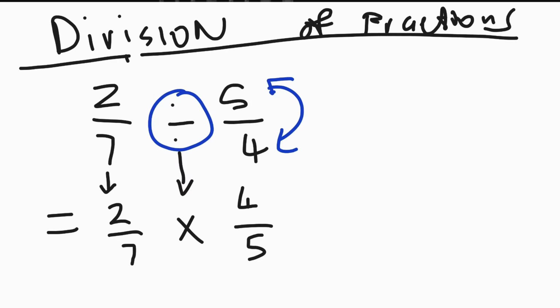Okay, so now we have again a multiplication of fractions. Quite simply put again, guys, we multiply the numerator and we multiply the denominator. Okay, let's do it. 2 times 4, that's going to give you 8, and 7 times 5, that's going to give you 35.